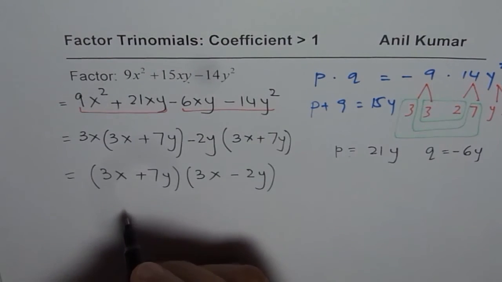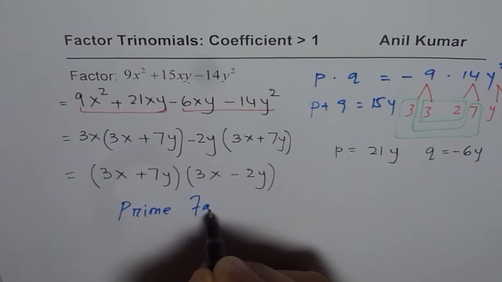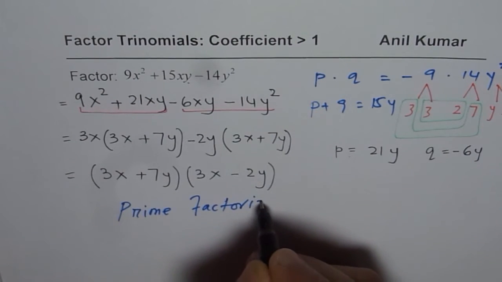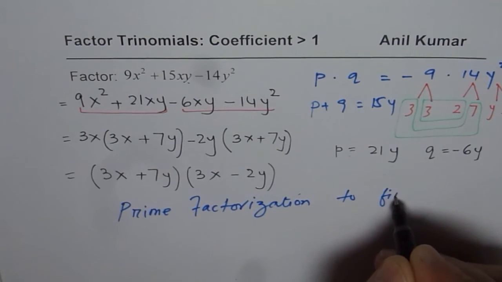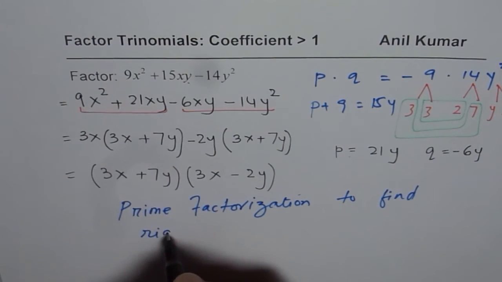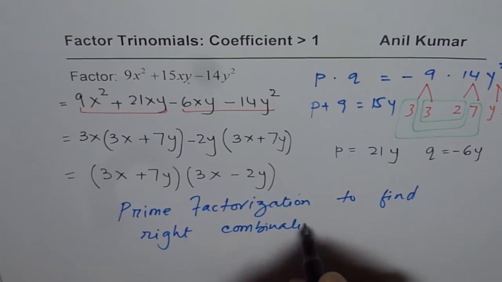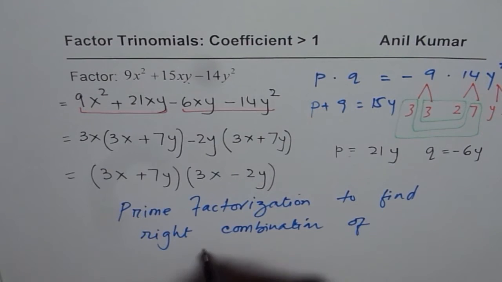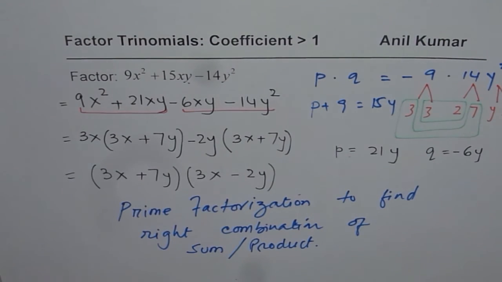So we have used a technique where we have used prime factorization to find the right combination of sum and product. So this is a very important, useful technique which you can always apply and quickly get the right answer.